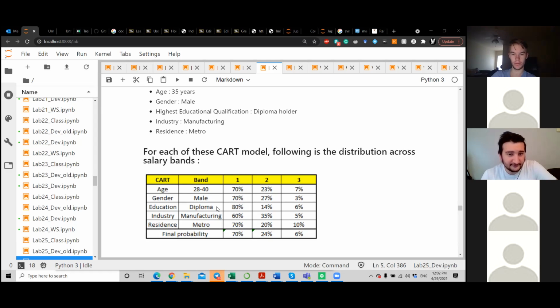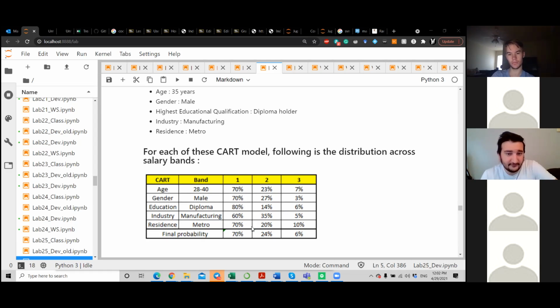What about the third tree? 80%, 14%, 6%. What vote? 80. So again, vote for band 1. The fourth tree. 60. Again, vote for band 1.